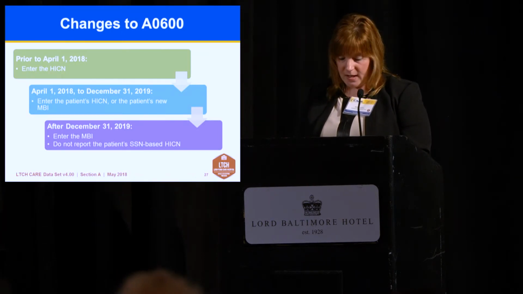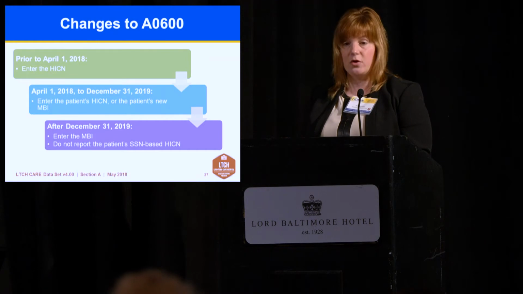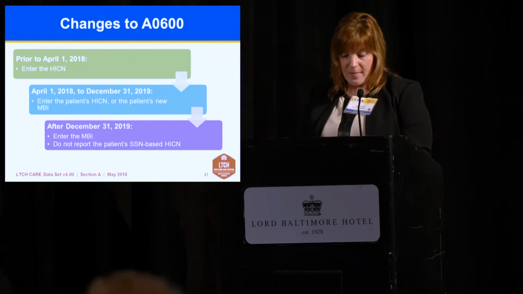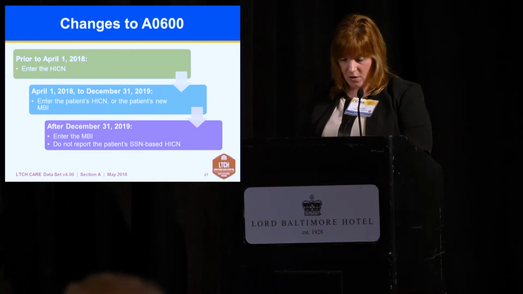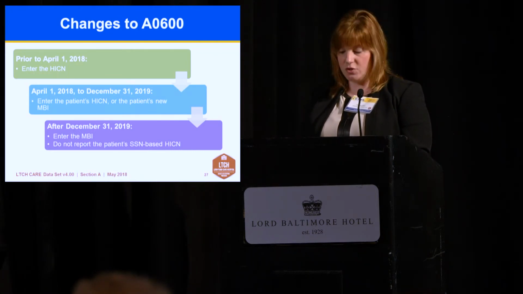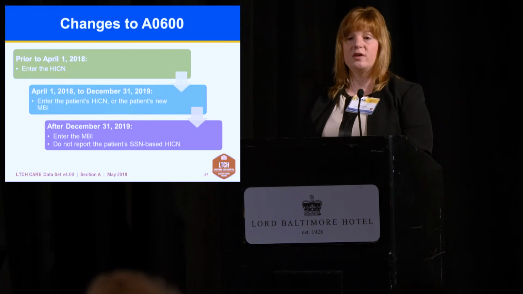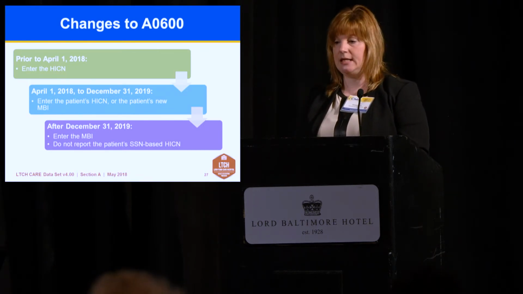If you are completing a patient assessment after December 31st, 2019, you will exclusively use the Medicare beneficiary identifier. There should be no use of the Social Security-based health insurance claim number beyond December 31st, 2019.